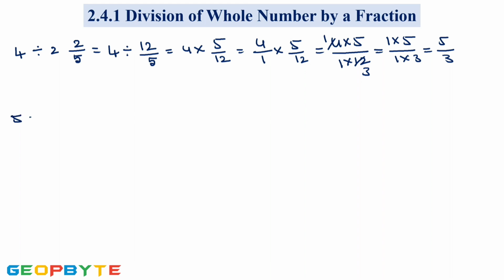5 divided by 3 1 by 3, which is equal to, in this example also we have a mixed fraction, so we need to convert the mixed fraction into an improper fraction. That is 3 3s are 9, 9 plus 1, 10.